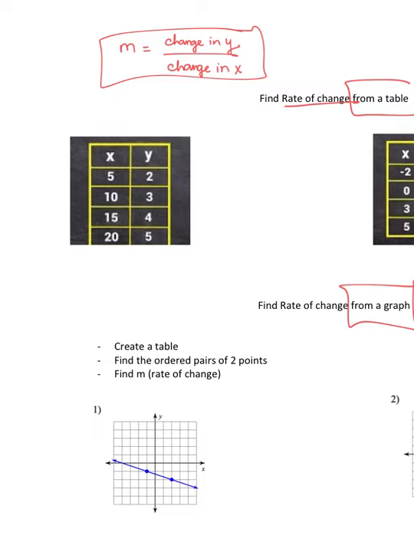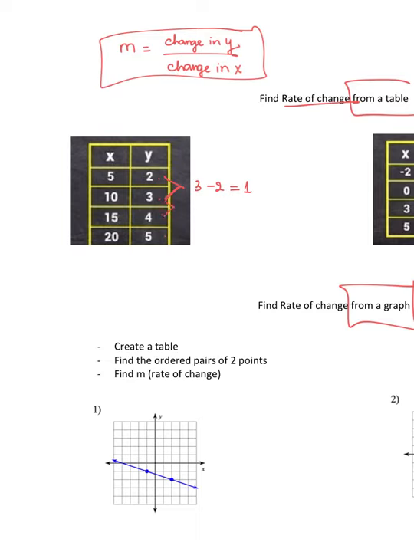You can see when x is 5, y is 2, and when x is 10, y is 3. So we're going to find the difference between 2 and 3, which is 1, right? These numbers 2, 3, 4, 5 are going up 1 unit.